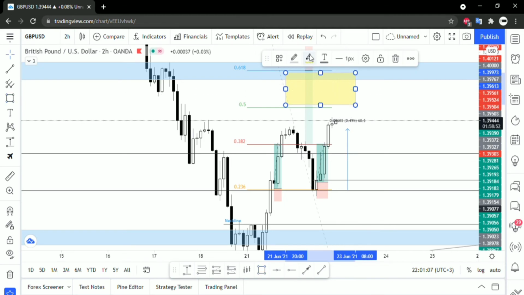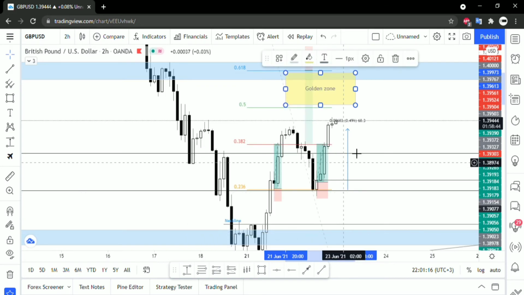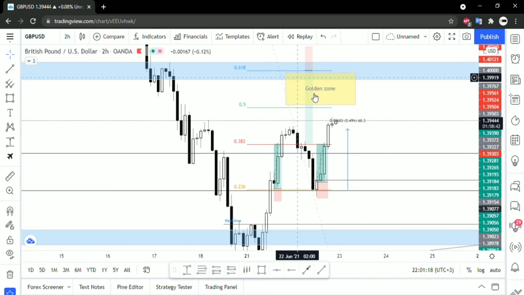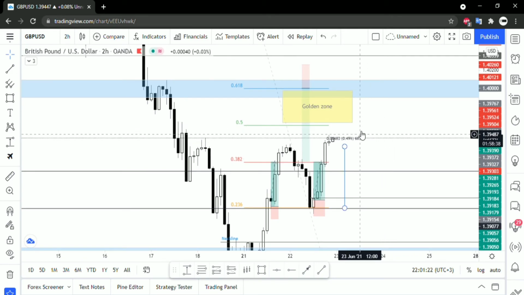So yeah, we call this the golden zone. From what I see the market doing, it's probably going to go up, break above this, probably retest and continue to go up to the 0.618.